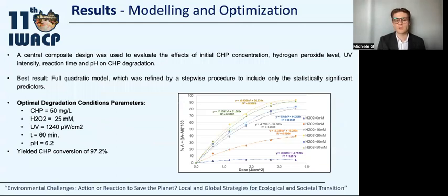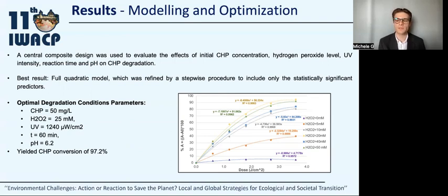The second portion of the results regarded the modeling and optimization. Different polynomial models were tested for their ability to fit the experimental data. An essential composite design was used to evaluate the effects of initial chloramphenicol concentration, hydrogen peroxide levels, UV intensity, reaction time, and pH on the degradation of the antibiotic.